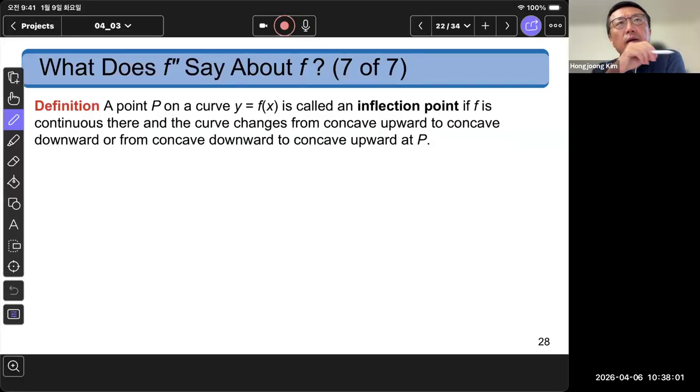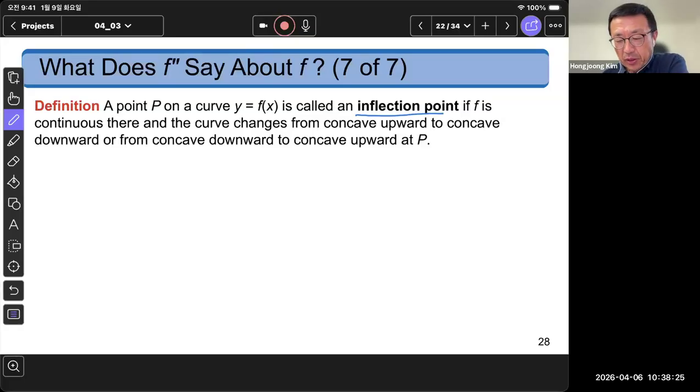Now, a point on a curve y equals f of x is called an inflection point. Actually, this inflection point is used quite often these days in many newspapers, but they are not using the mathematical definition.